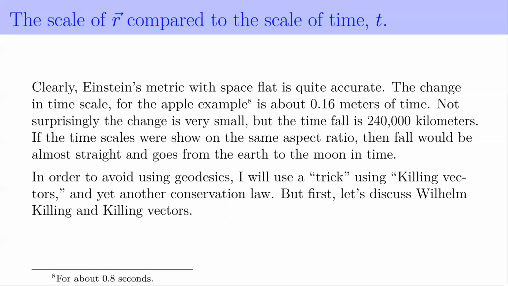And not surprisingly, that change is very small, but the total time fall is about 240,000 kilometers. So if we picture the fall in time, we would say it was essentially a straight line going down 240,000 kilometers versus a change of 3 meters.